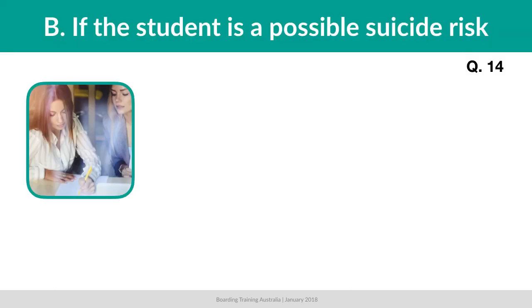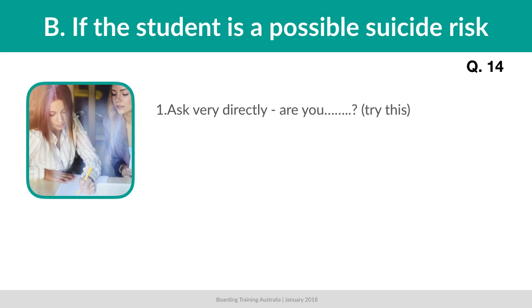Now, if they are a suicide risk, we can ask them very directly, are you thinking about taking your own life? And in mental health first aid, for example, that's what they suggest you do.